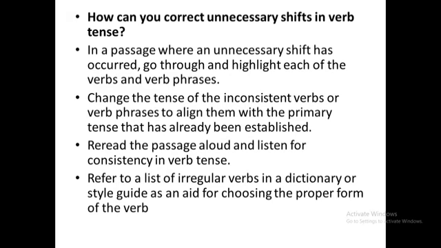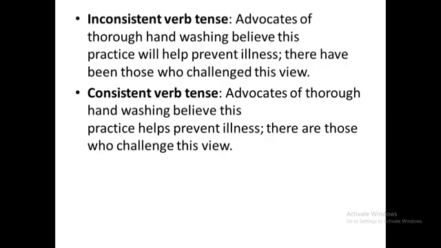Reread the passage aloud and listen for consistency in verb tense. Refer to a list of irregular verbs in a dictionary or style guide as an aid for choosing the proper form of the verb. So these are the 4 points on how you can deal with unnecessary shifts in verb tense.